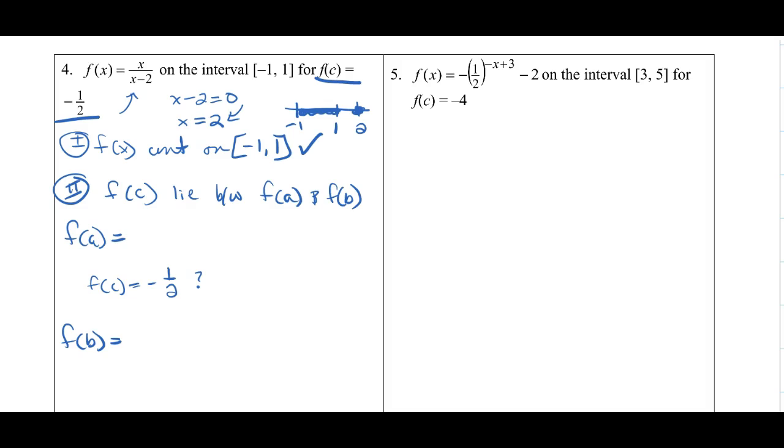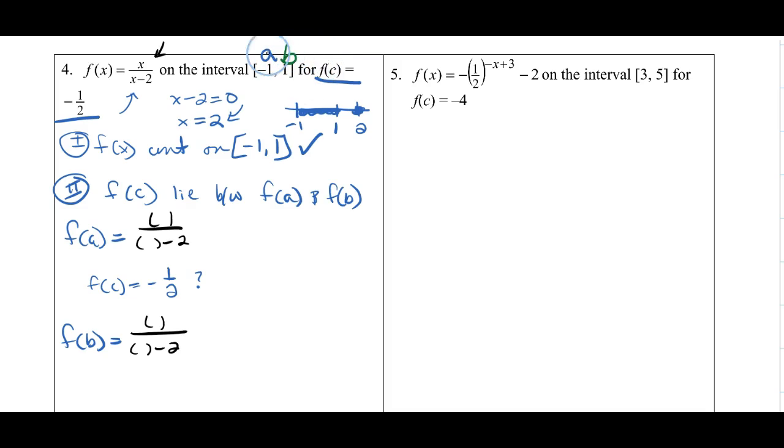To find these, we use the function x over x minus 2, but we evaluate that at A and B. I'm going to do these in blue and green.